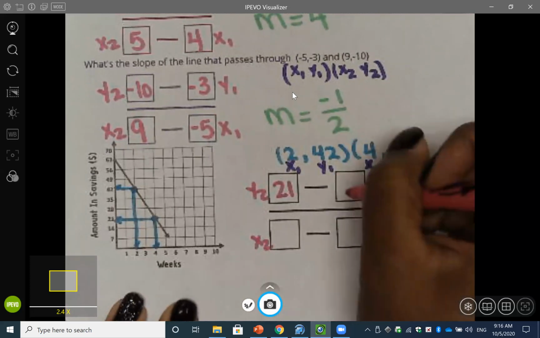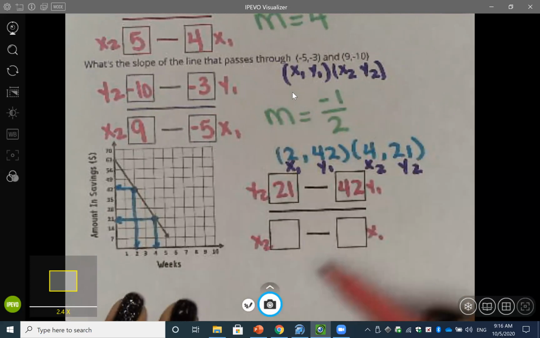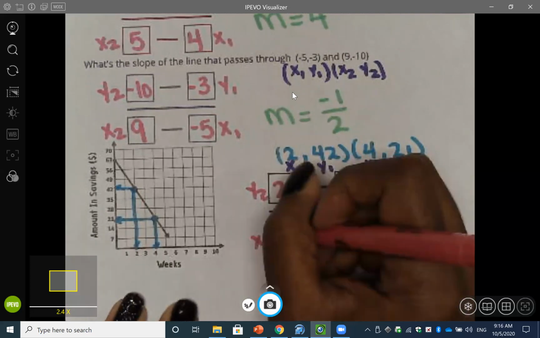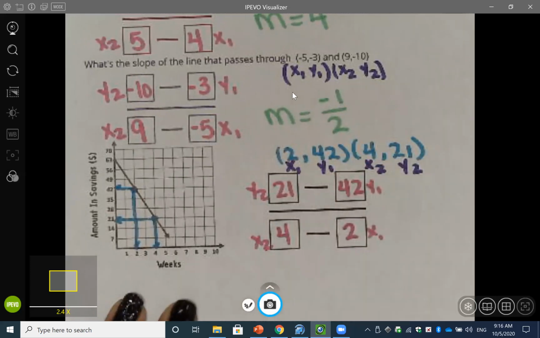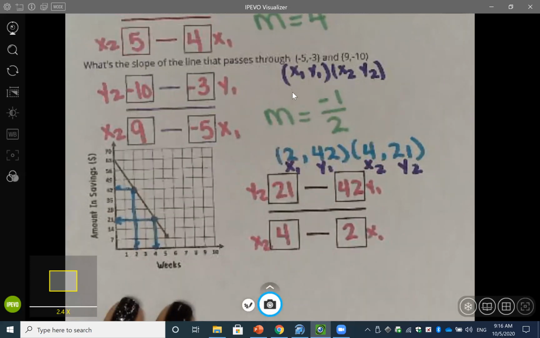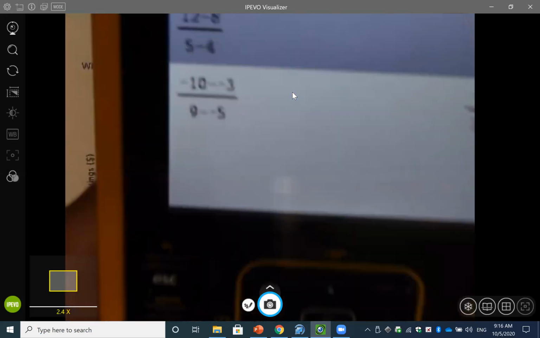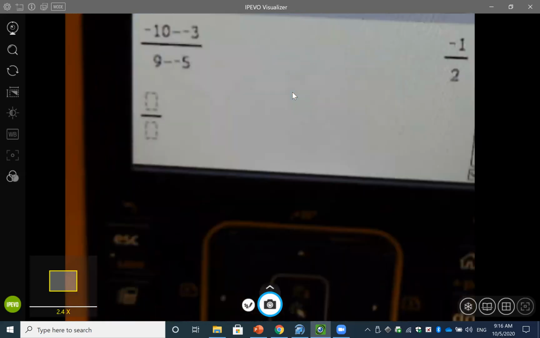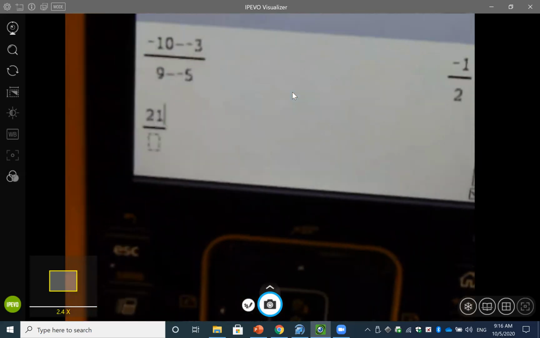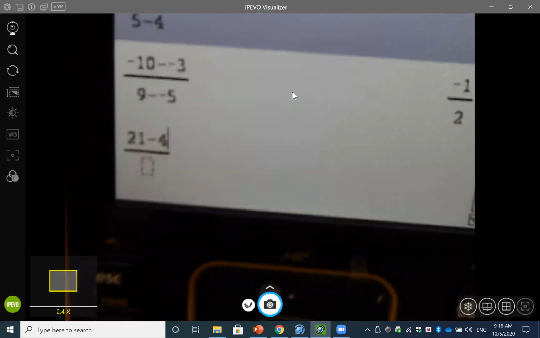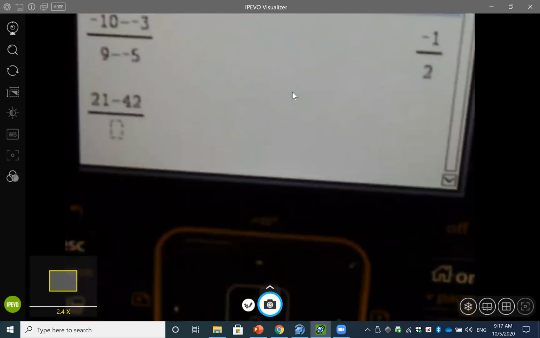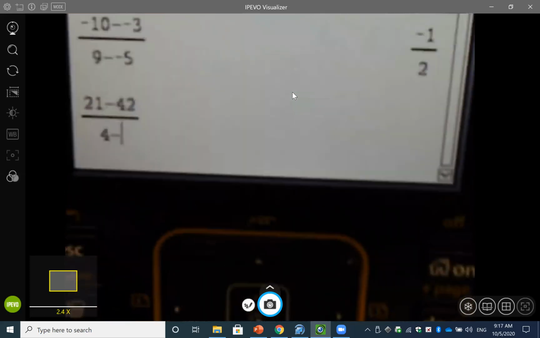Y1 is 42. X2 is 4. X1 is 2. From there, I'm going to my calculator, control divide. On the top, I have 21 minus, not divided by, minus 42. And on the bottom, I have 4 minus 2.